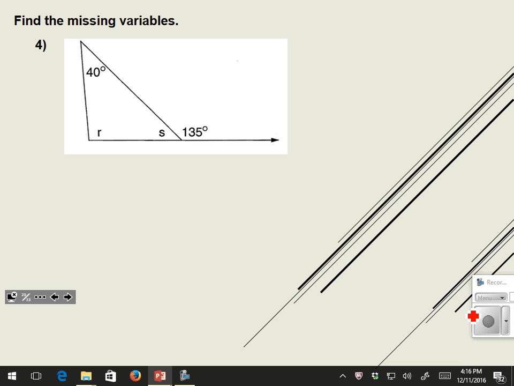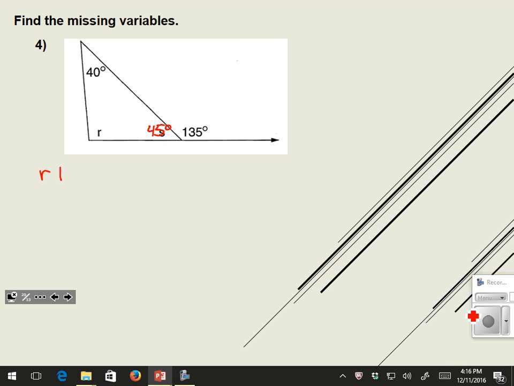Angle S is 45 degrees because 45 degrees and 135 degrees add up to 180, and they're supplementary. How do I figure out angle R? Well, it's a triangle. What do all the angles add up to? All the angles add up to 180 inside the triangle.